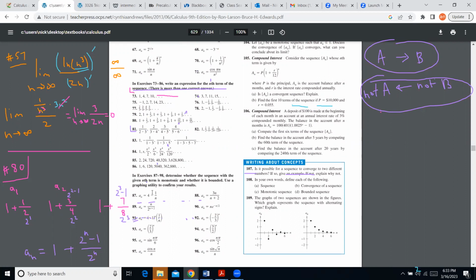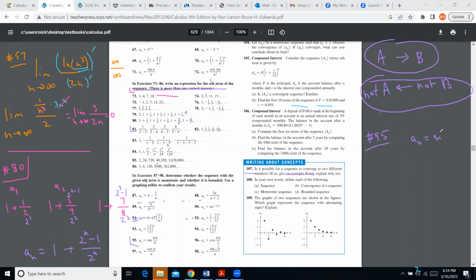So maybe I can try one exercise with sine, because that's something a little bit different, right? So let us try something like, for example, sine or cosine.